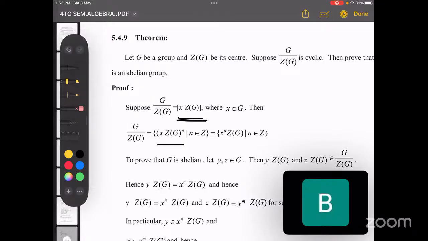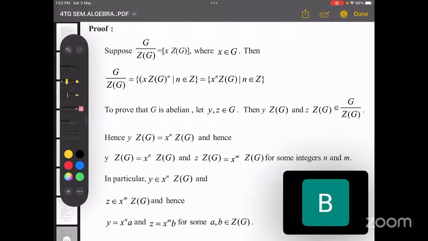To prove that G is abelian, let y, z belong to G. The first part was that it is cyclic, so we defined that. Now we are taking two elements from G. One element is yZ(G), and another is zZ(G).